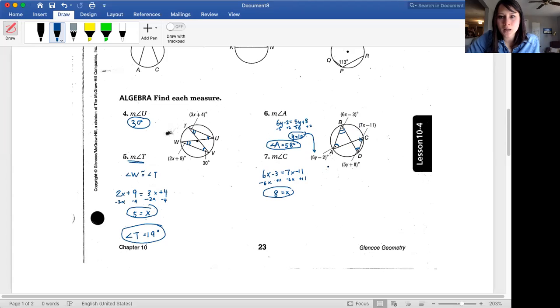C. So 7 times 8 is 56. 56 minus 11 is 45. 45 degrees. Hopefully I did that right. We can double check, right, by plugging it into our next one. 6 times 8 is 48 minus 3, 45. So that works. Yeah, they should be the same. So 45 and 45. Good.